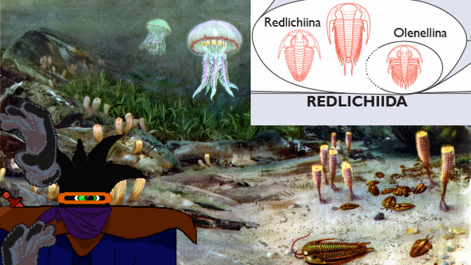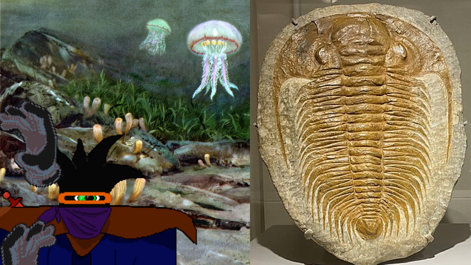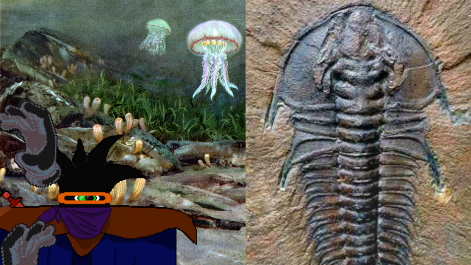As for the Redlichidas themselves, sadly, despite this initial success during the early Cambrian, they went extinct rather soon after, during the start of the Middle Cambrian, about 500 million years ago, only lasting at most, according to the fossil record, 21 million years, before being replaced by more derived trilobite groups. The reason for this is hard to ever know for certain, and while I definitely don't want to imply that some groups are better than others, there's actually quite a number of reasons why this likely happened.